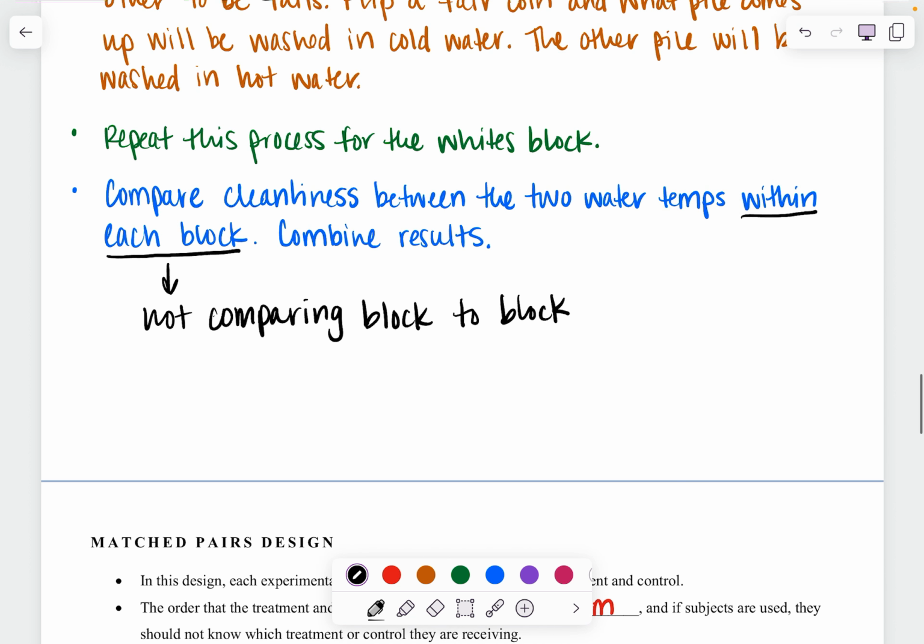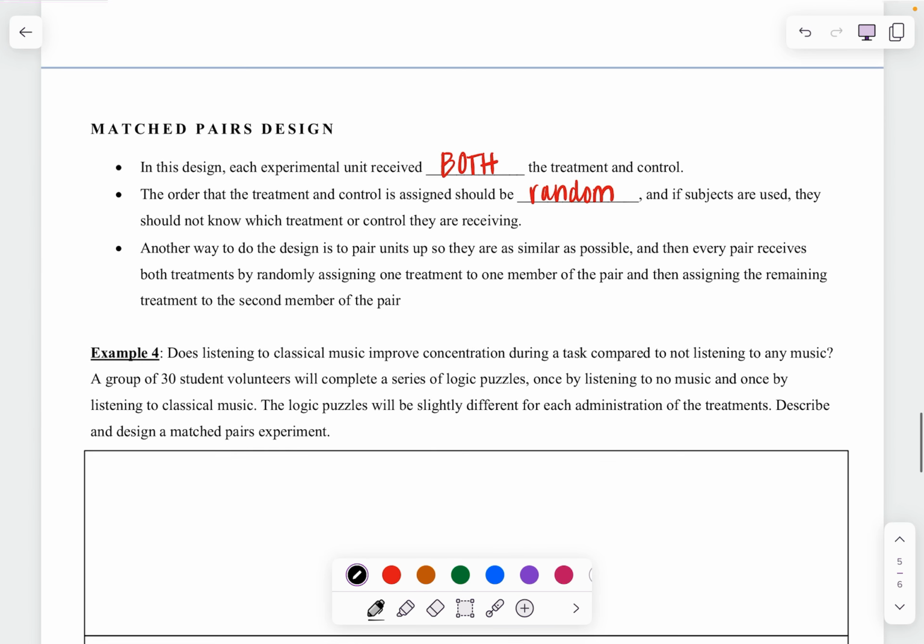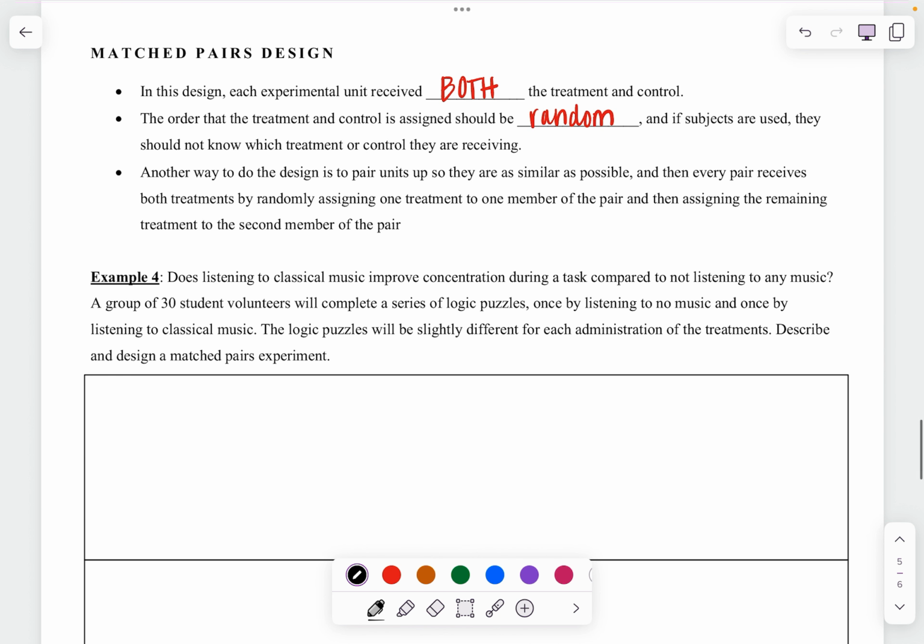All right, last one, matched pairs. Matched pairs is a form of block design. Basically, this is when you're trying to test something, usually on human beings, and you know that there's so much variability from human to human.